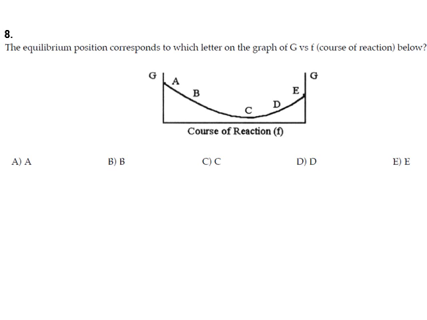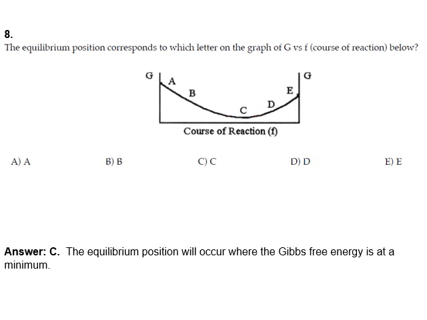Okay, hopefully you chose answer choice C here. And the reason is because you're at equilibrium when you're at a minimum of free energy, G. So G is free energy, and C is where you're at a minimum here. So that's the correct answer choice. Next slide. So the answer is C. Next slide.